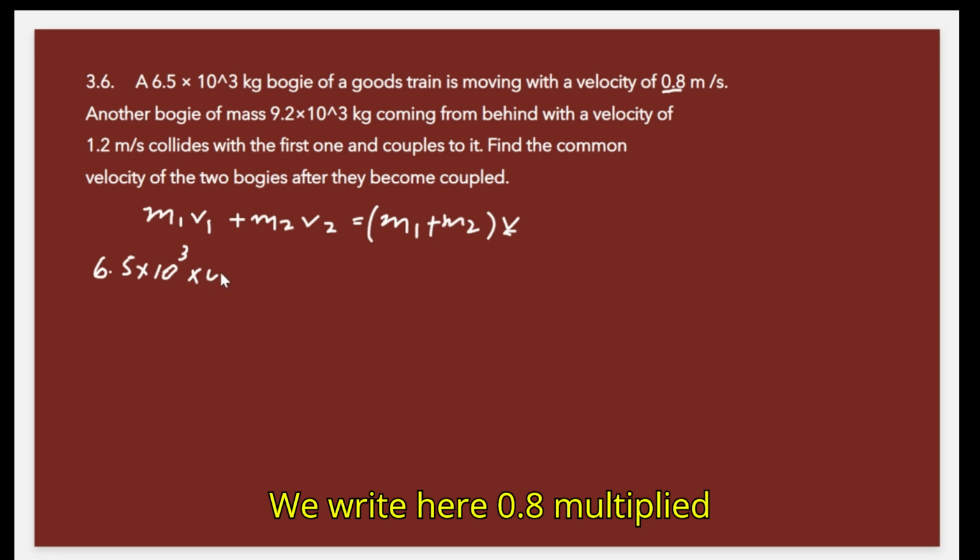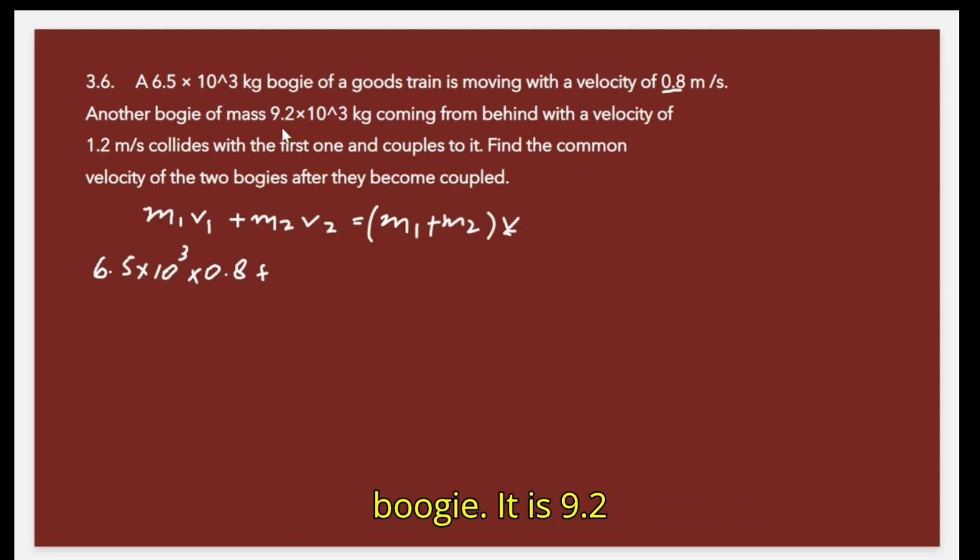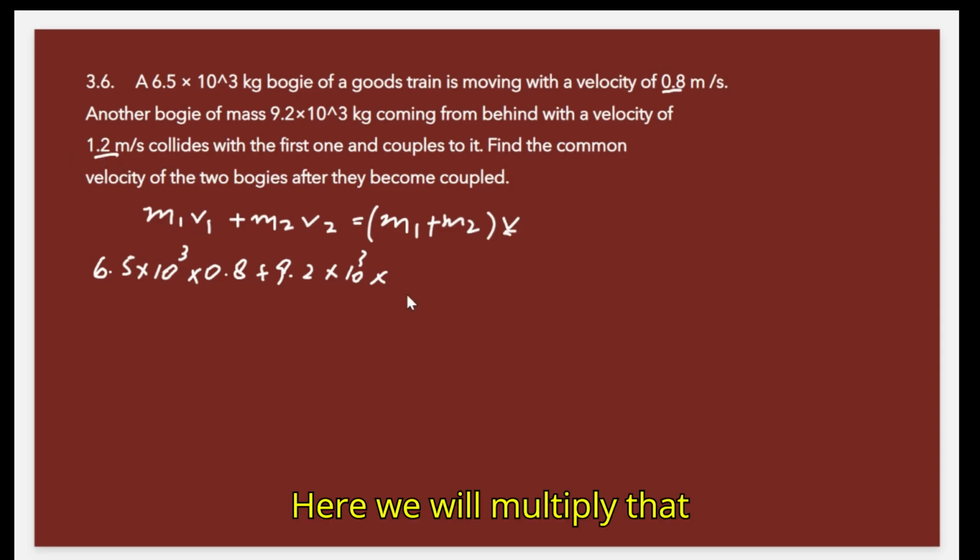We write here 0.8, plus m2, that is the mass of the second bogie, which is 9.2 multiplied by 10 to the power 3, and its velocity is 1.2. Here we will multiply that mass with the velocity 1.2.